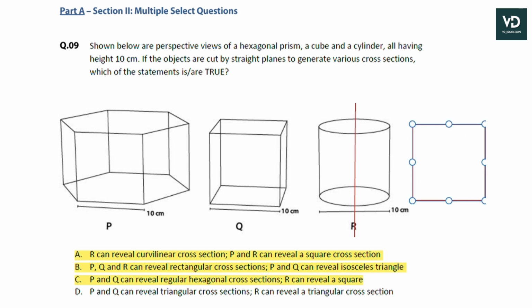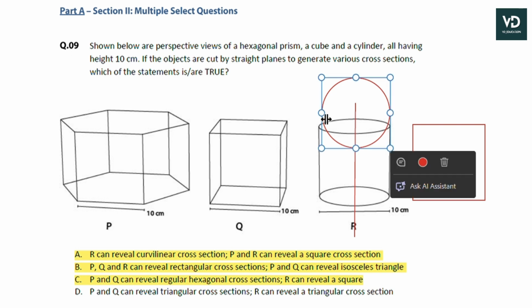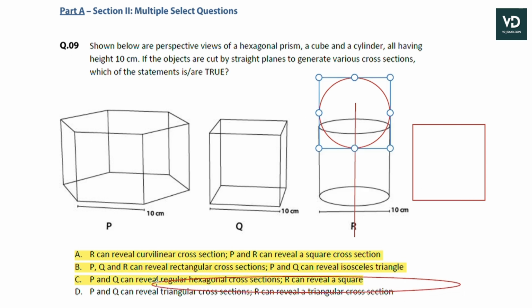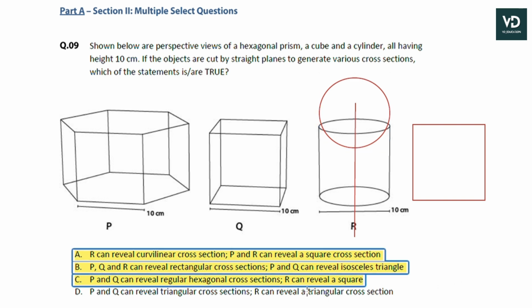and after a cross section from the top, the surface can look like a circle also. So here we can say R can reveal a square. Okay, R can reveal a curvilinear cross section also. R can reveal a square cross section also. Okay, then Q is defined as a rectangular cross section.